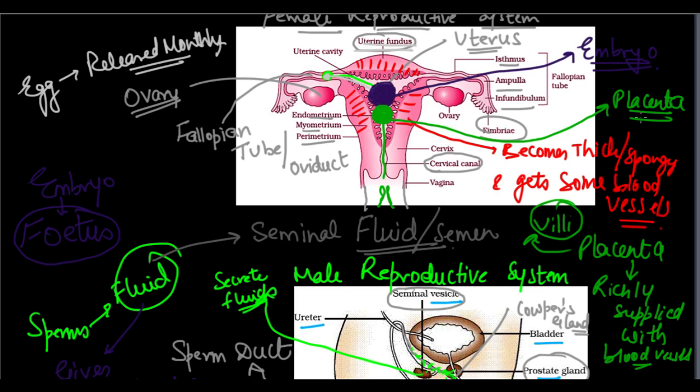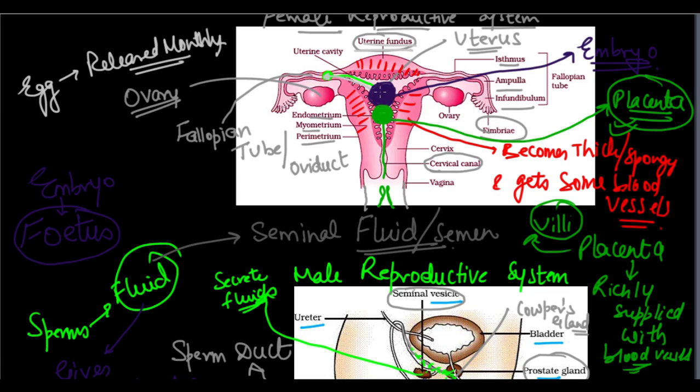And this placental tissue also helps in excretion of waste material through the blood vessels, because as I told you, it is richly supplied with blood vessels and villi, so waste materials can be easily absorbed. You can also provide gaseous exchange and nourishment to the growing baby. All these processes are basically carried out by the placenta.